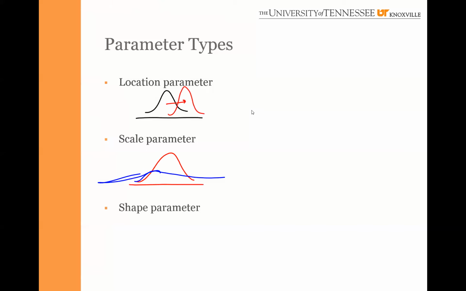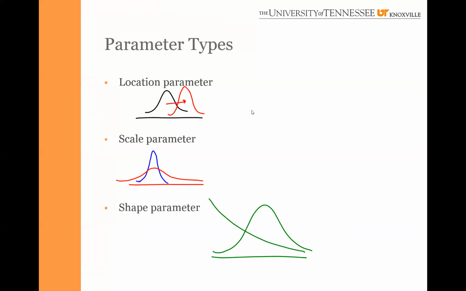Just the variance or spread of it changes. And then shape parameter. Whatever is not location or scale is typically a shape parameter. So you're going to look at a family of distributions. There you can have a distribution looking like this or looking like this, depending on the shape parameter. So it changes the shape of the distribution.